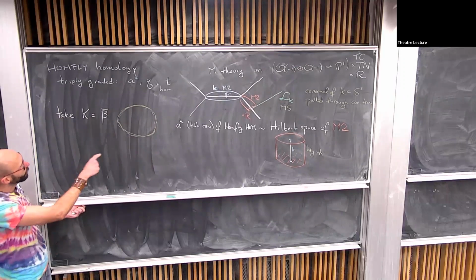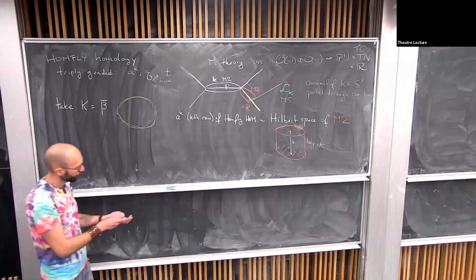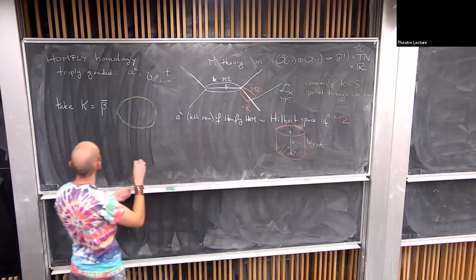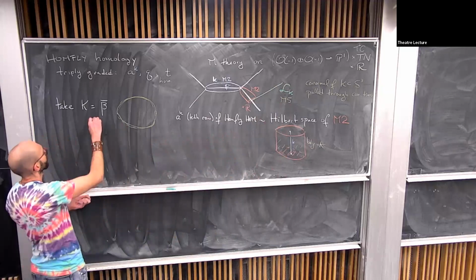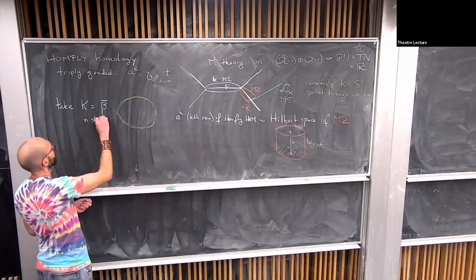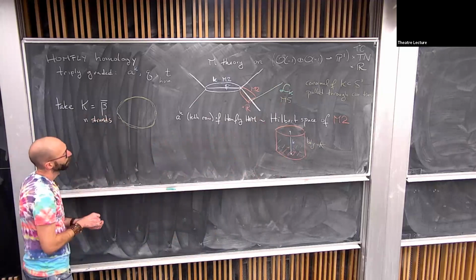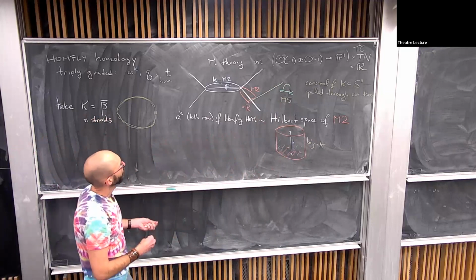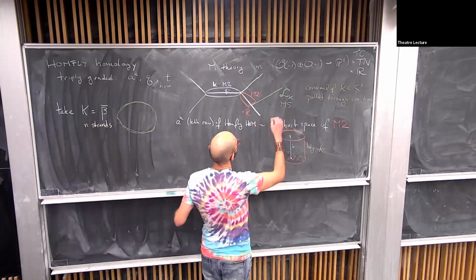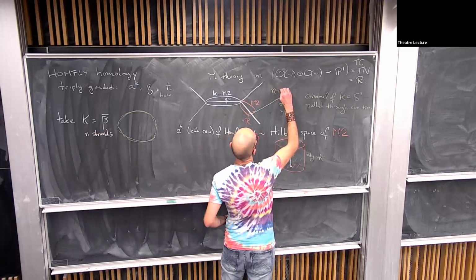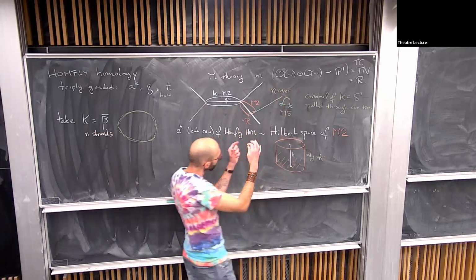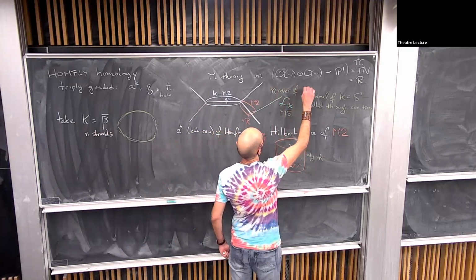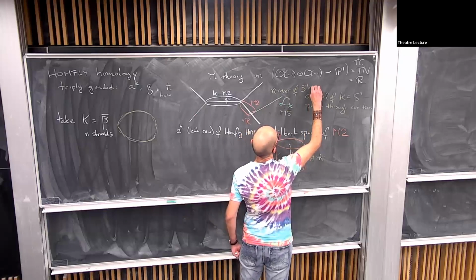If the knot looks like this, this Lagrangian LK becomes, well, if there are n strands in the braid, the Lagrangian LK looks like an n cover, or a deformation of n copies of S1 times R2.